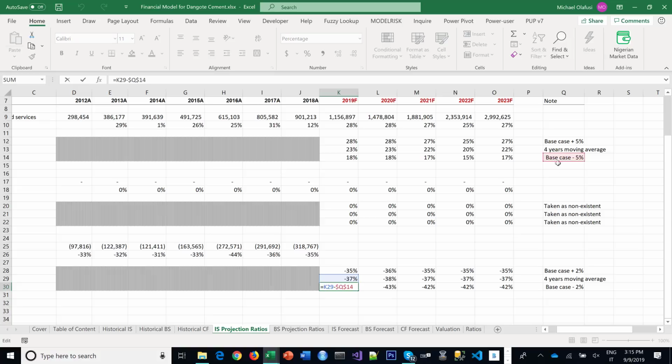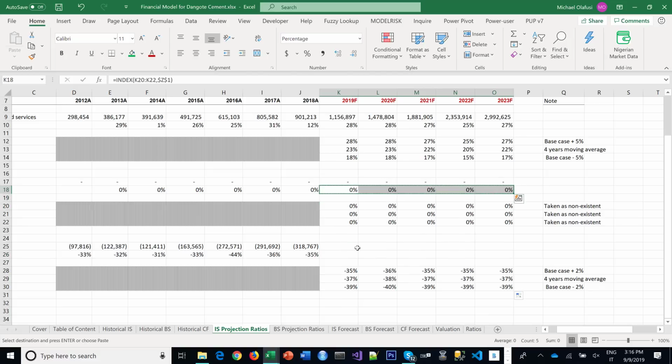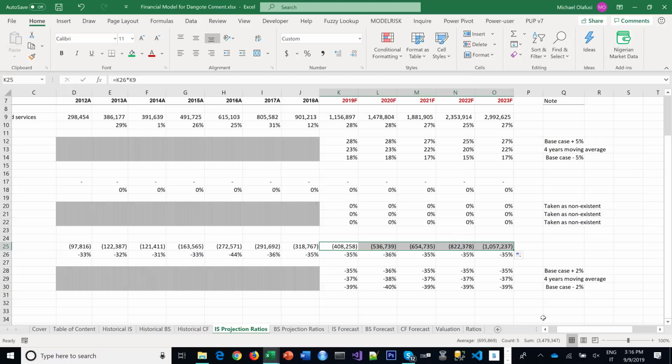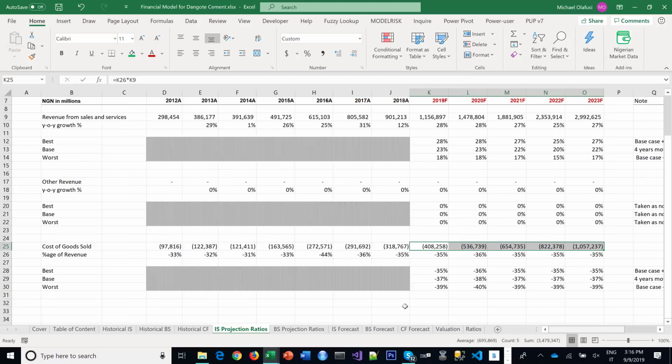I'm going to say this should also pick from here, and I'd also drag down, and we can again use that index formula, and for this one it's going to be the percentage times the forecast revenue, and that gets us what it will be for this particular forecast here. And so like this, I am done with that.